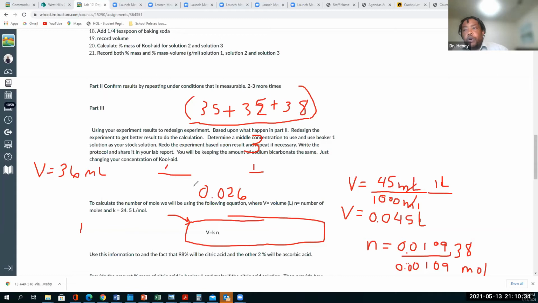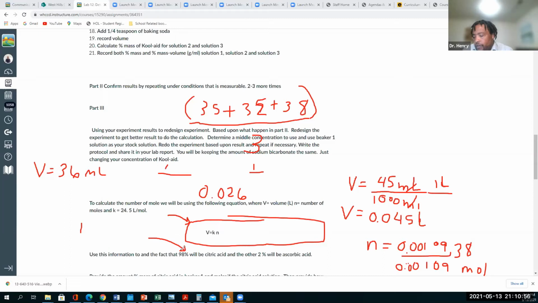So if my total moles is 0.00109, then how much of that is going to be citric acid, which is what I want? 98% of that, right? Yeah. Okay.